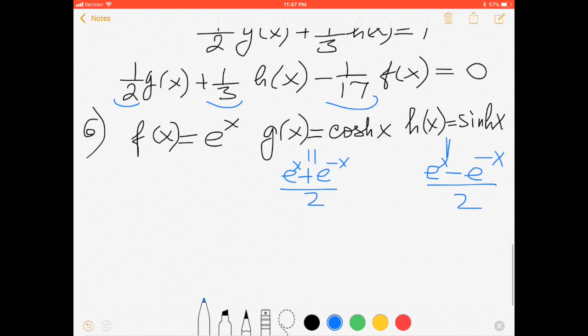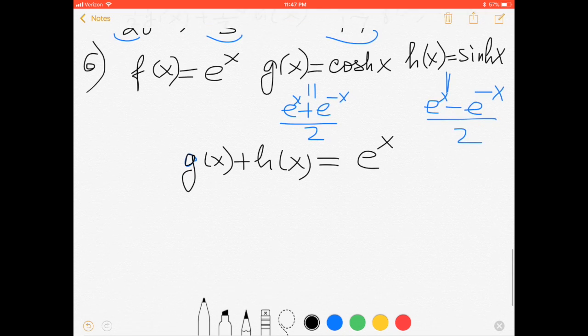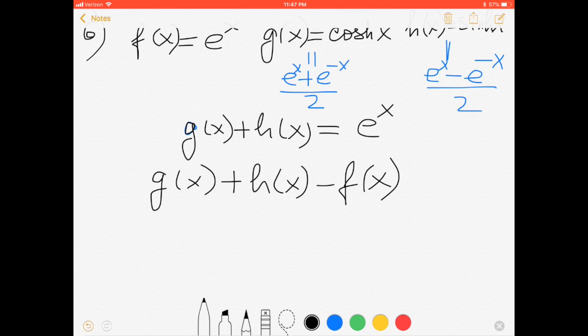This means if we add these two functions, g(x) plus h(x), it gives us exactly e to the x. Using this fact, I can write g(x) plus h(x) minus f(x) equals 0.